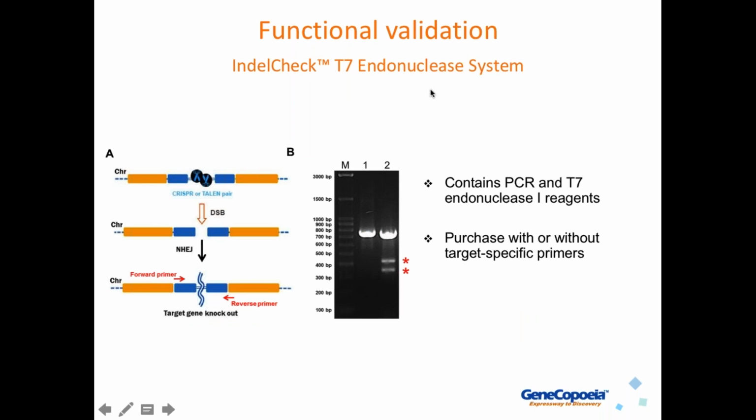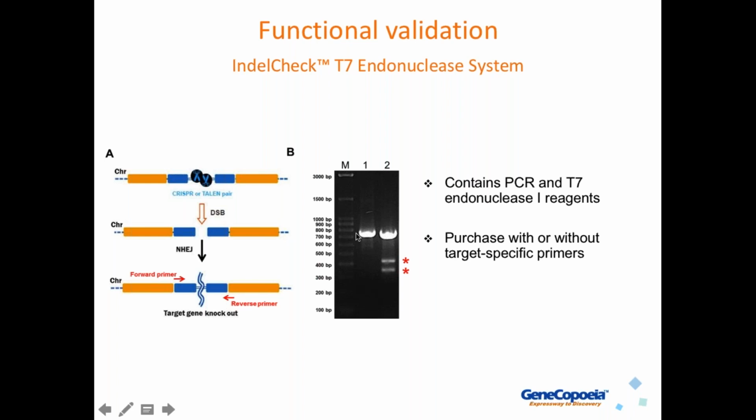That is what's used in our functional validation product known as the Indel-check T7 endonuclease 1 system, which is a functional validation system just like what I described. When you treat cells with CRISPR or TALEN, you get a double-strand break in the chromosome, and then the indel-containing chromosomes, or all the chromosomes, are subject to PCR using primers flanking the break.